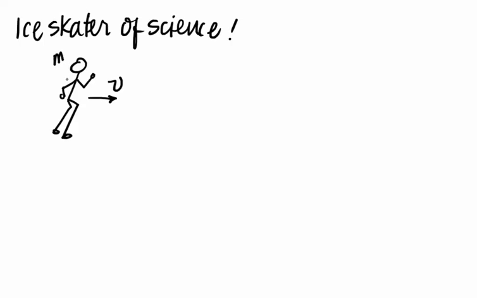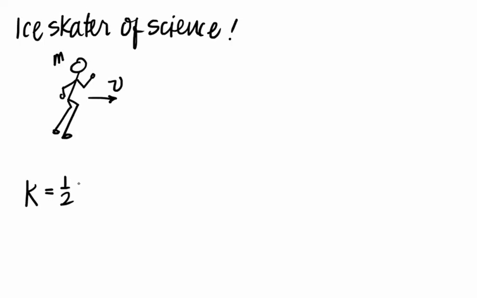Velocity, mass: objects that have mass and velocity have what kind of physical quantities, physics terms? Mass and velocity go with kinetic energy and momentum. All right, so let's talk about kinetic energy.